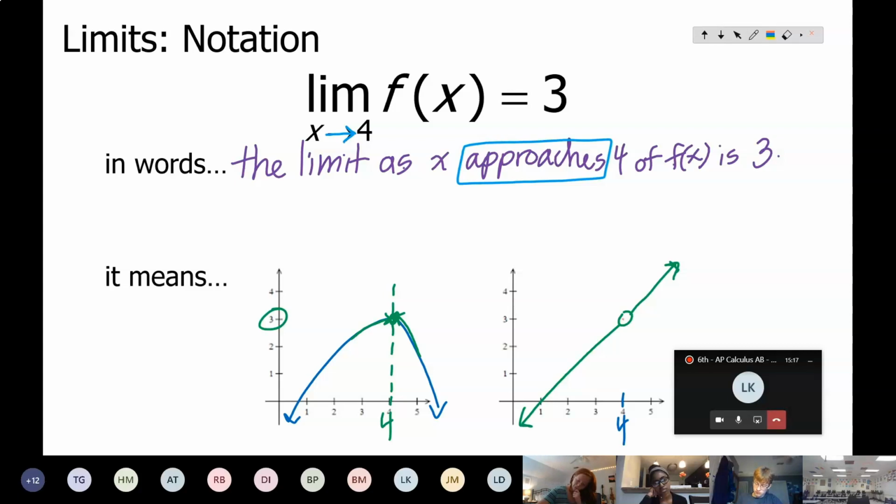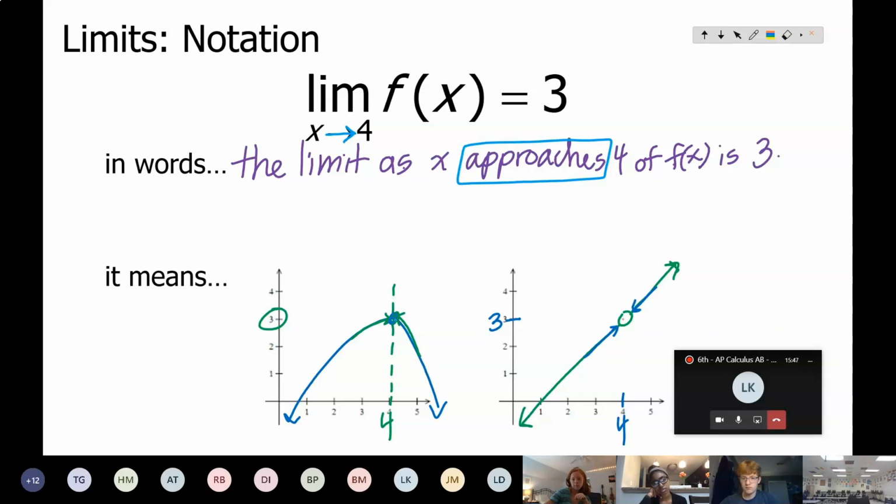When you're looking at both sides, as x gets closer and closer to 4, the y values get closer and closer to 3. Remember, a hole on a graph means that the function does not exist there, but it does get infinitely close to that open circle. So both of these graphs have a limit as x approaches 4, and they both equal 3.